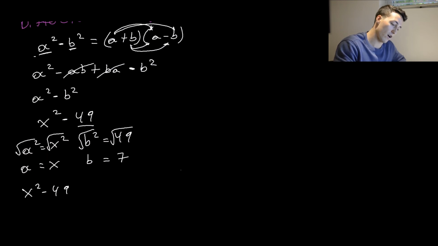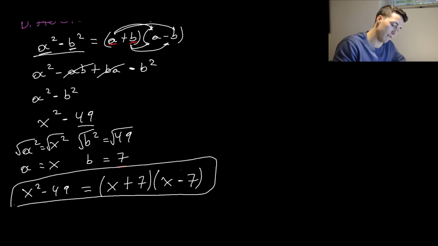We now know that one side of the equation matches. So we can rewrite it as our a term, which in our case is just x, and our b term, which here is just 7. So we're going to write x plus 7 multiplied by x minus 7. And that would be the factored form.